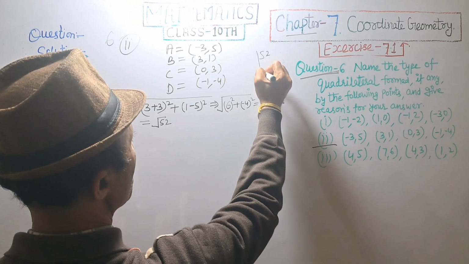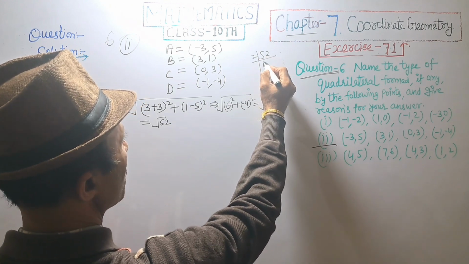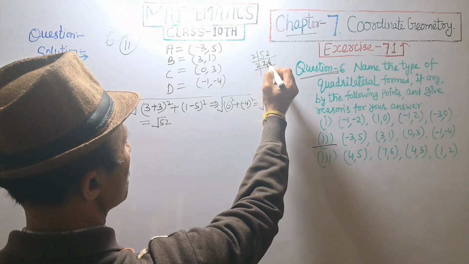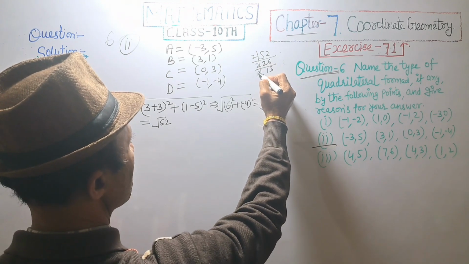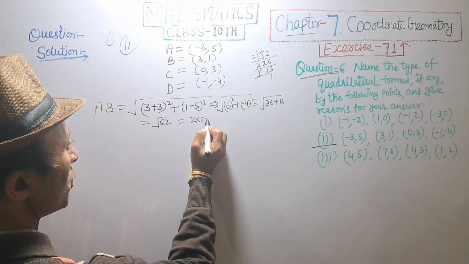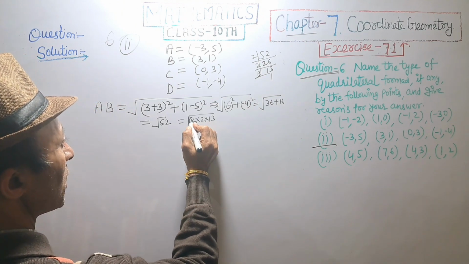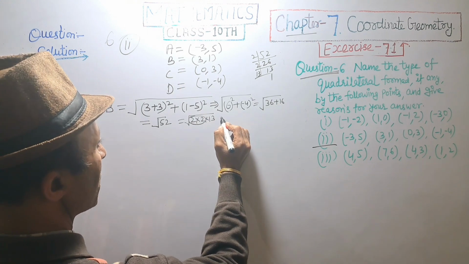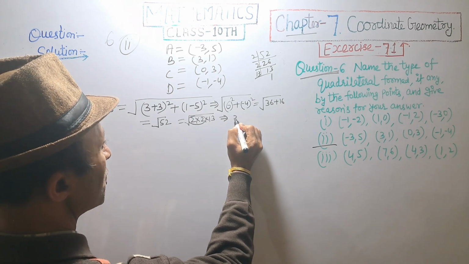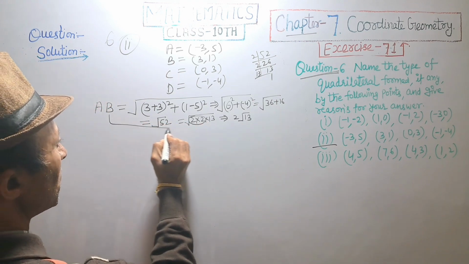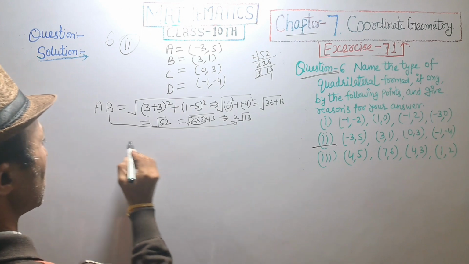And 52 is 2 into 2 into 13, taking one pair of 2 common. This implies 2 root 13, and AB is equal to 2 root 13.